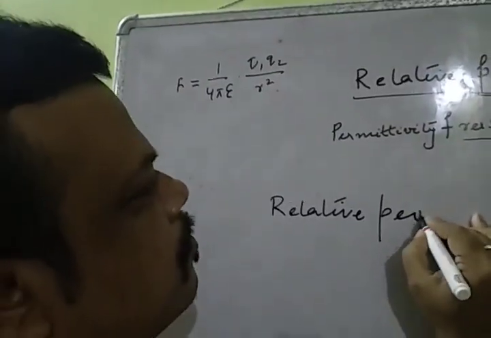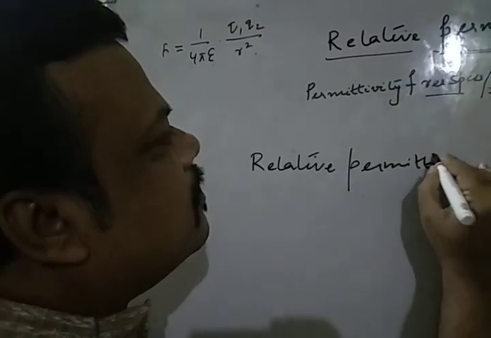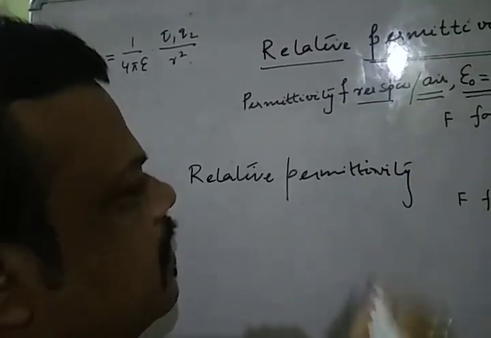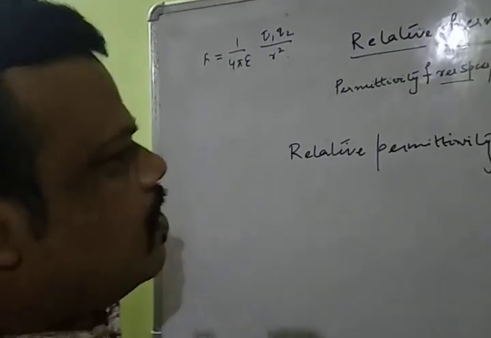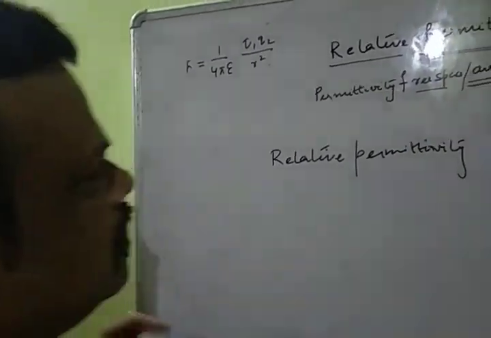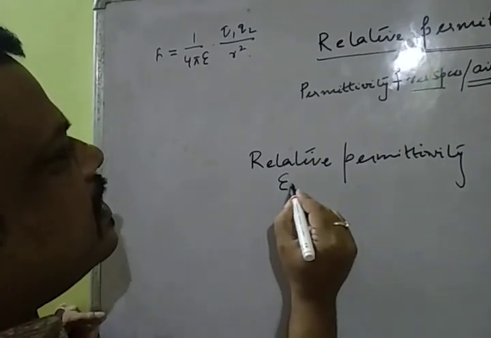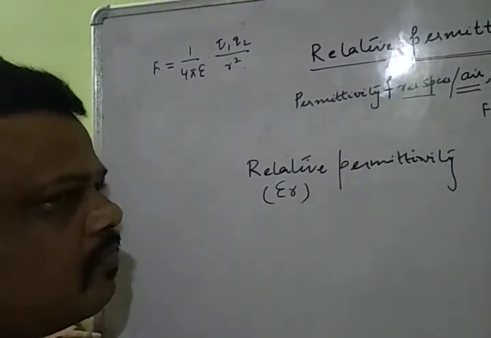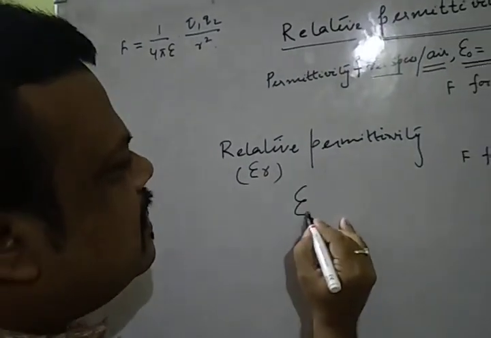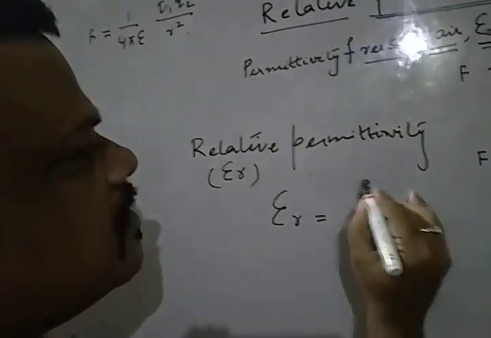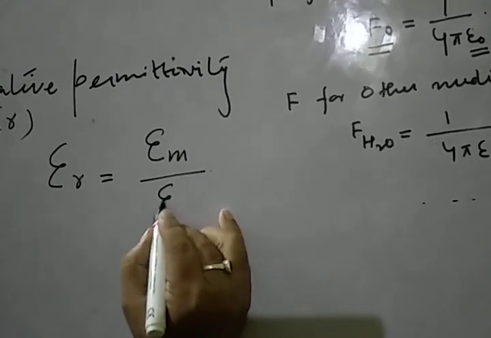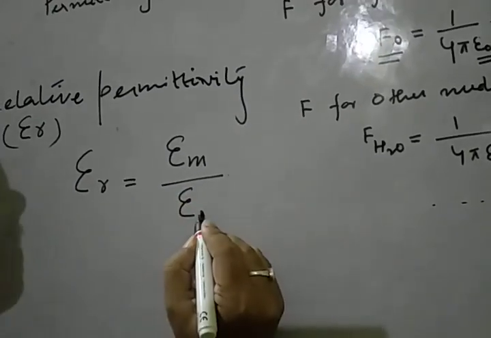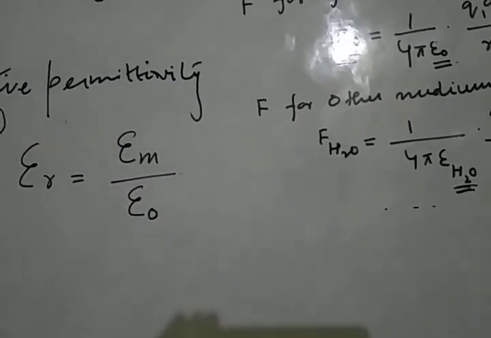Relative permittivity, and I am going to define it at the end of the video as well. This is denoted by epsilon r. What is epsilon r? Epsilon r is the permittivity of any medium divided by the permittivity of free space or air.